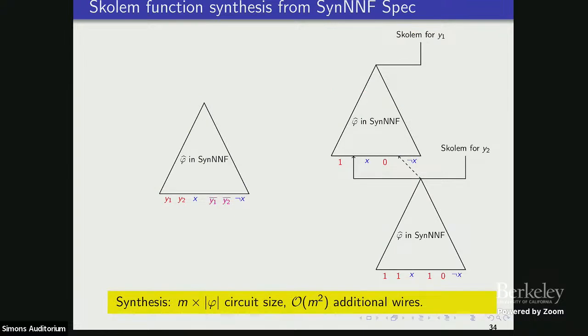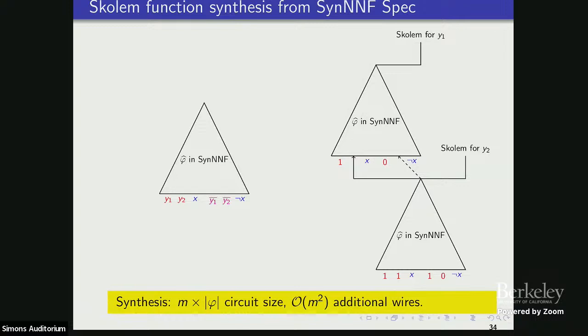And here is how we finally use this. Suppose I have given you a specification in SYN-NNF, and the outputs are represented as y1 bar, y2 bar, and then there is a particular way of fixing values to these outputs and stringing them together that actually gives you the Skolem functions for y1 and y2.